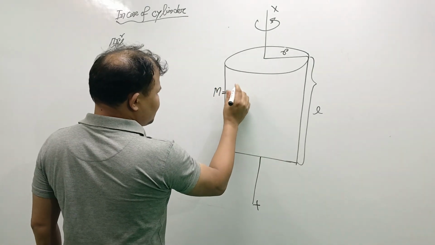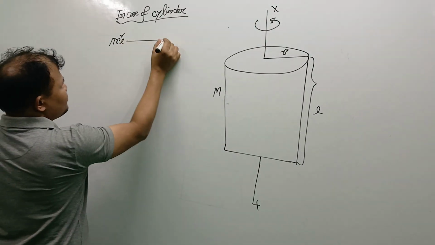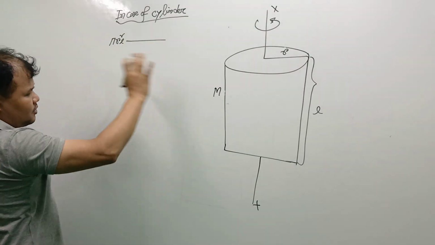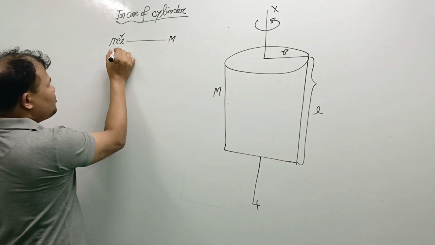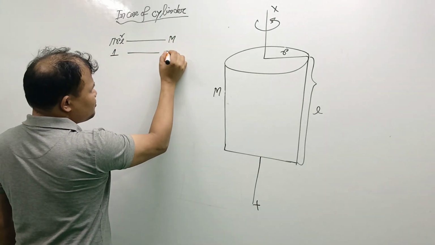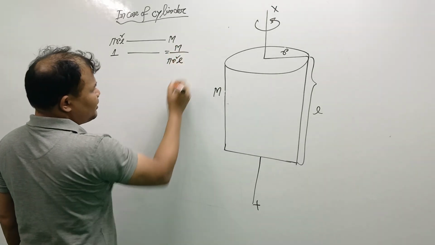For the whole pi r square L, the mass will be m. For 1 unit, the mass will be m divided by pi r square L.